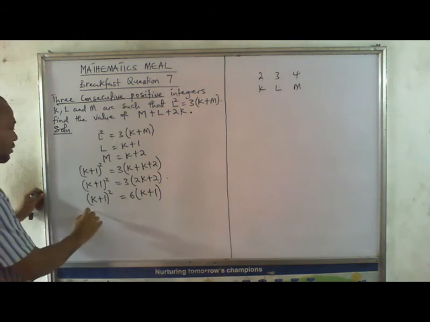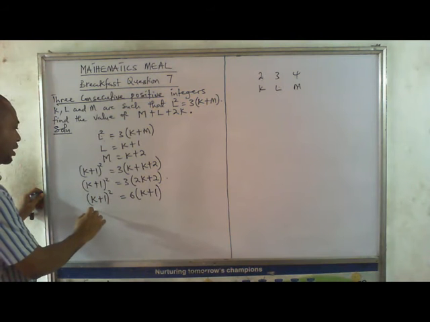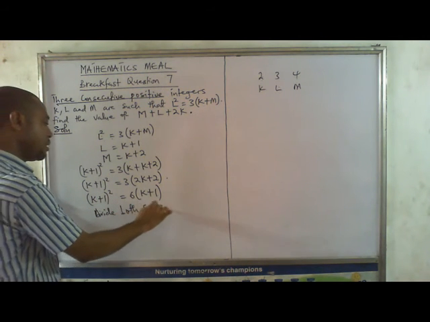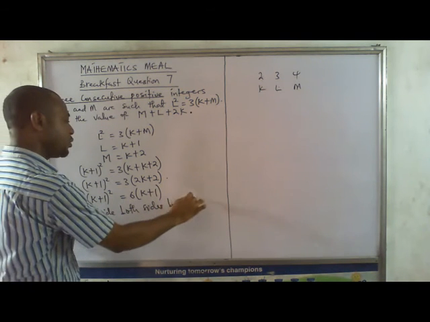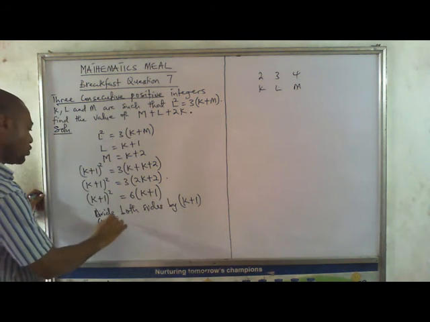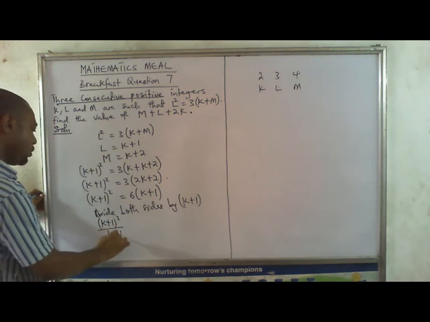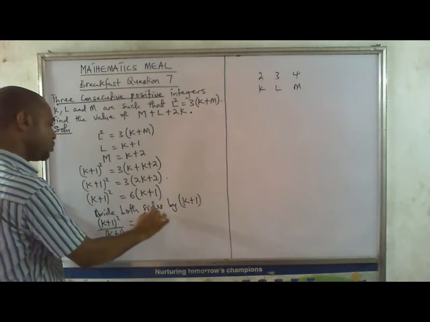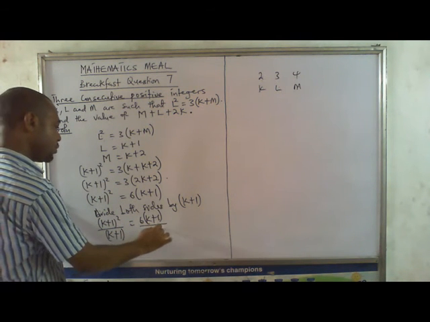So now, if I divide both sides by k plus 1, I'm going to have k plus 1 all squared divided by k plus 1 is equal to 6 bracket k plus 1 divided by k plus 1.